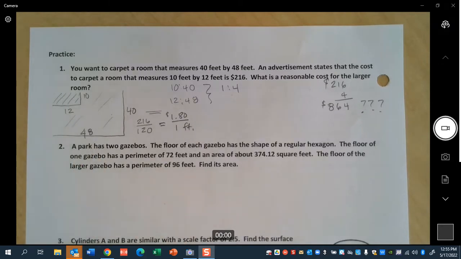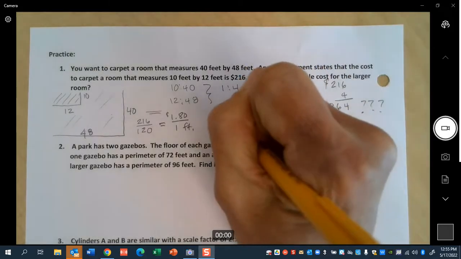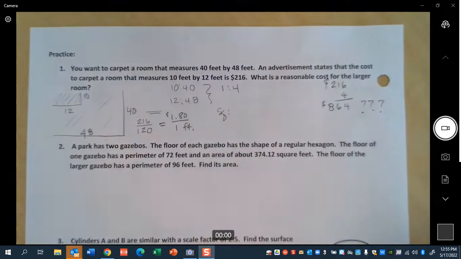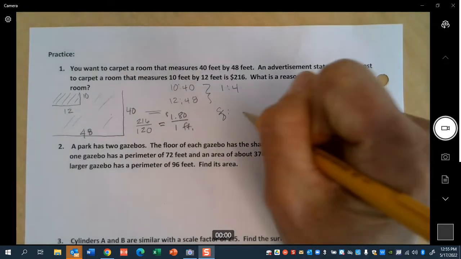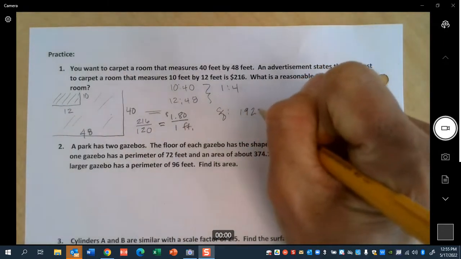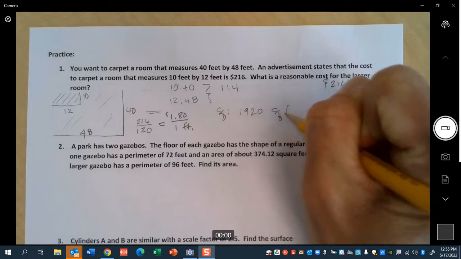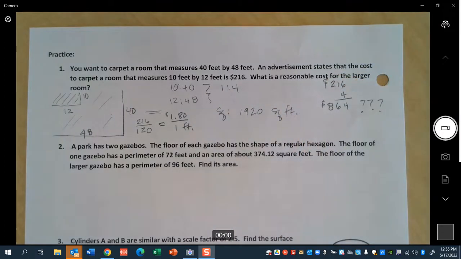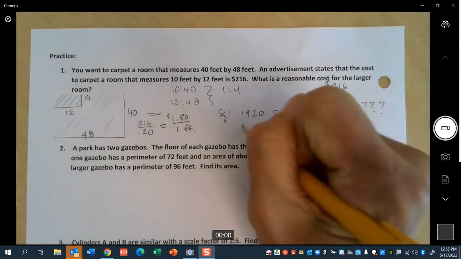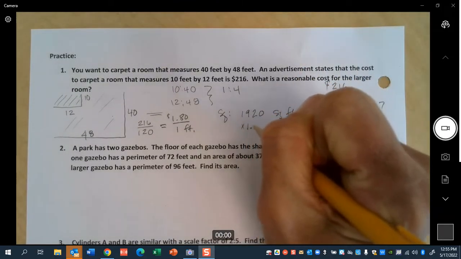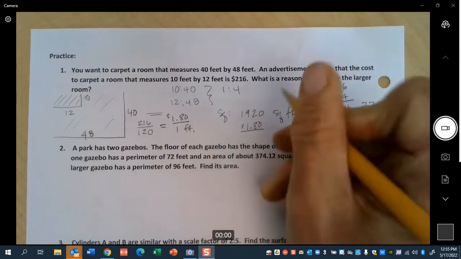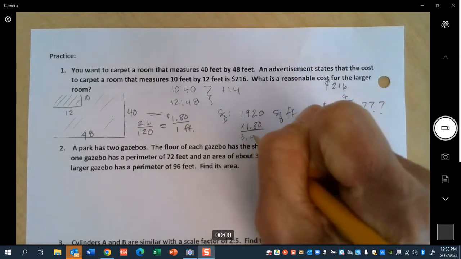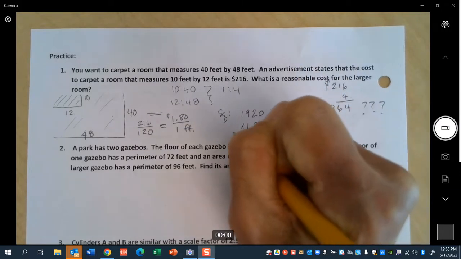So 48 times 40, I know that I actually have, for the square footage of my room, 1,920 square feet. And if I go to multiply that by $1.80 per square foot, check out how much money I'm spending on carpeting.